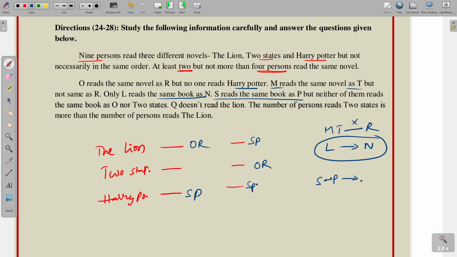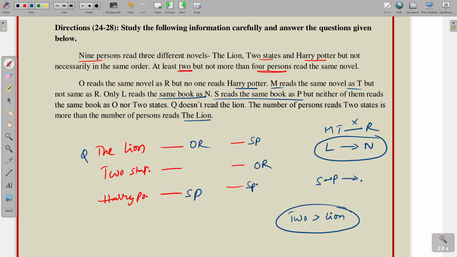Next, Q doesn't read The Lion, so Q is not placed here. Next point, the number of persons who read Two States is more than the number of persons who read The Lion. So Two States is more than The Lion.